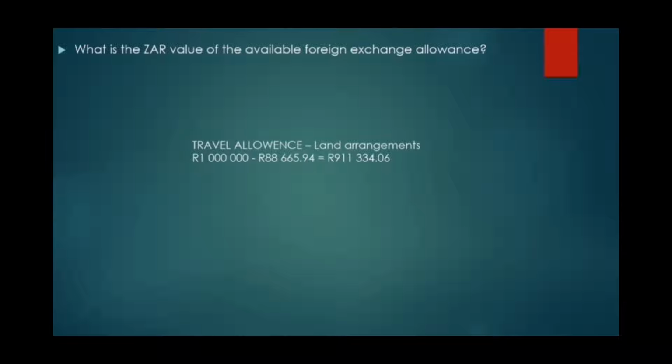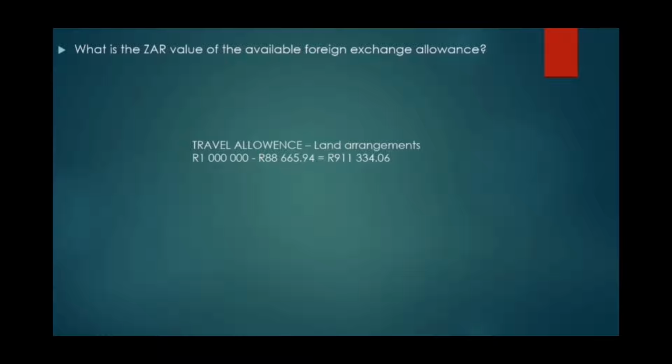So to answer this question, what is the rand value of the available foreign exchange allowance, or how much of the foreign exchange allowance does he still have? You will then go in and deduct the land arrangements from the 1 million rand travel allowance.